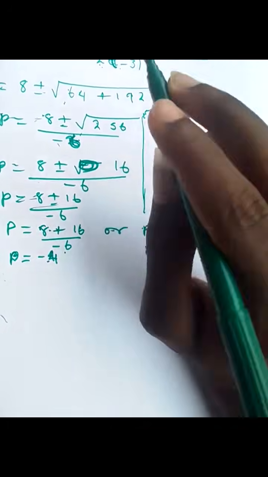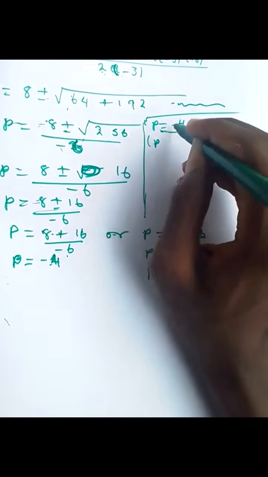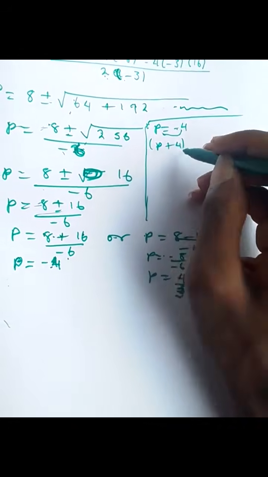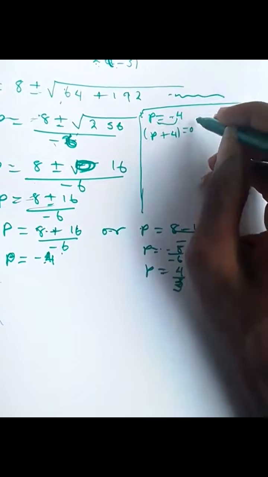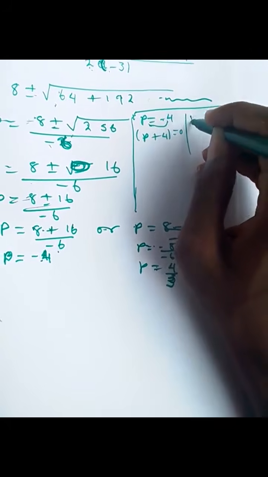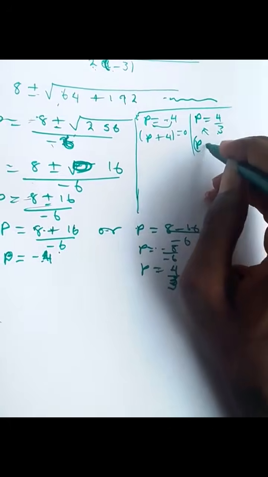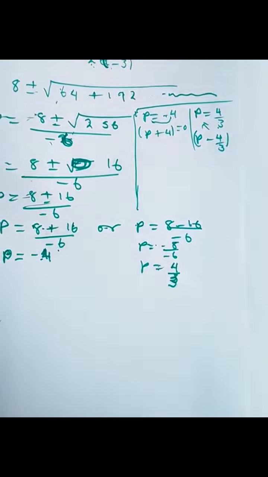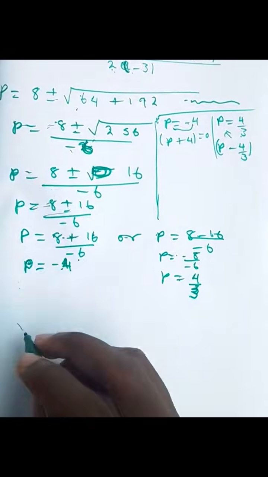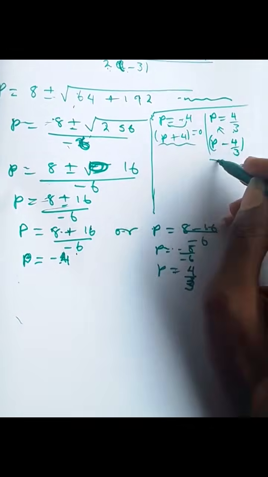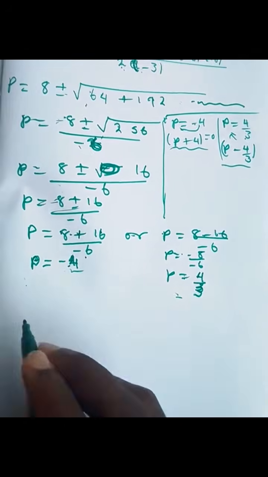You can just take this to the other side, and the sign will change, so p plus 4 is equal to 0. So you found the first factor. To find the other factor, you say p is equal to 4 over 3. You can take this to the other side, and it is p minus 4 over 3. So you have two factors, and you have two critical points. So you can now easily draw the sign table.